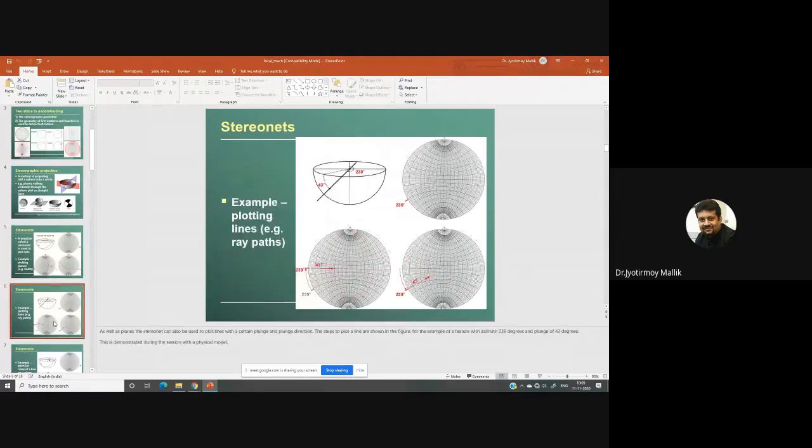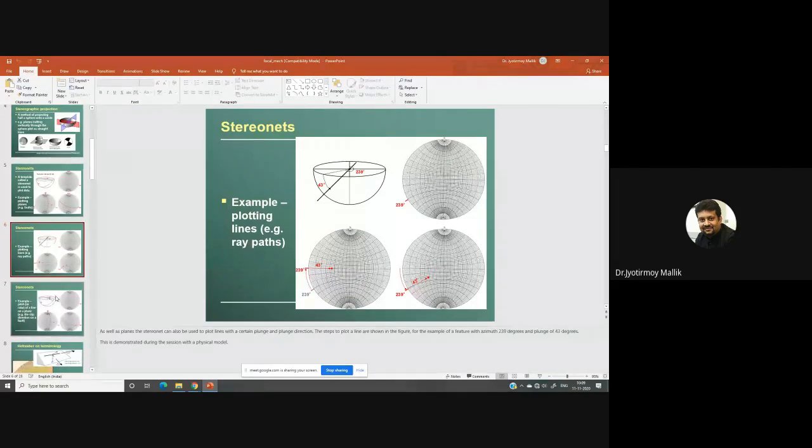Similarly, we said that a line is represented by a point in a stereographic projection. So our idea is to use the stereographic projection method to create a beach ball diagram, which is a representation of the fault system responsible for an earthquake.